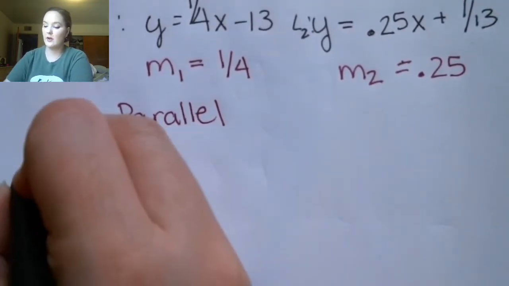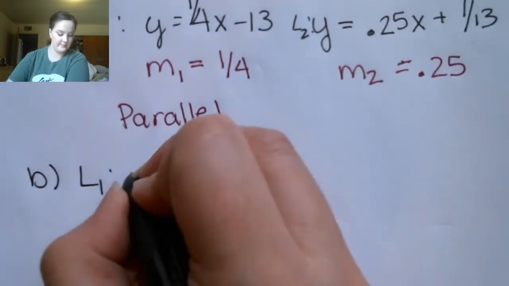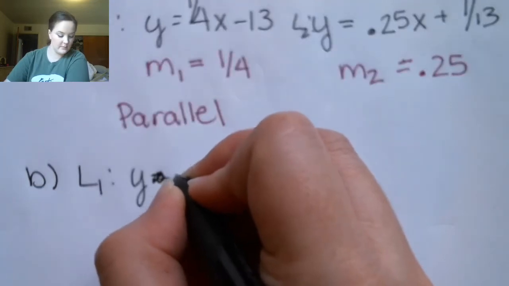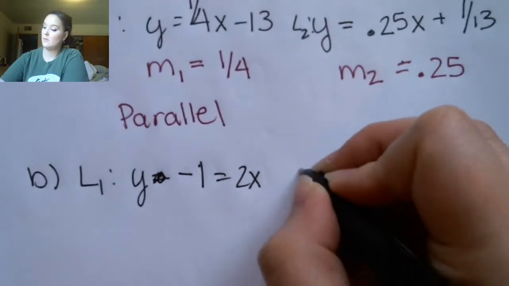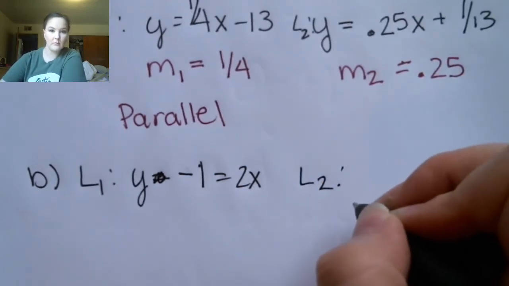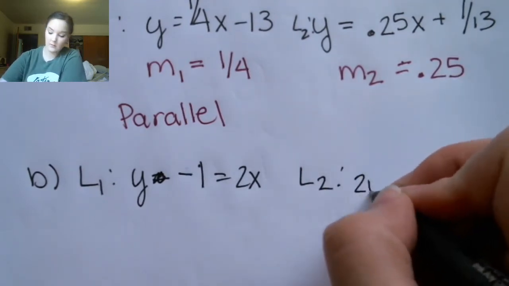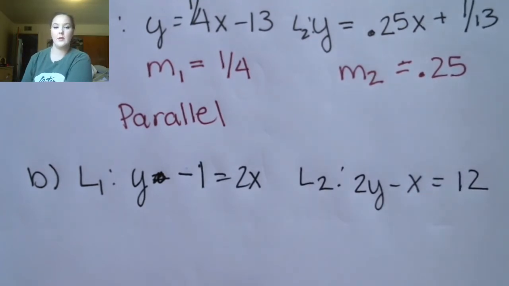All right, let's look at another example. Same question, are the lines parallel, perpendicular, or neither? These two lines are not in slope-intercept form.